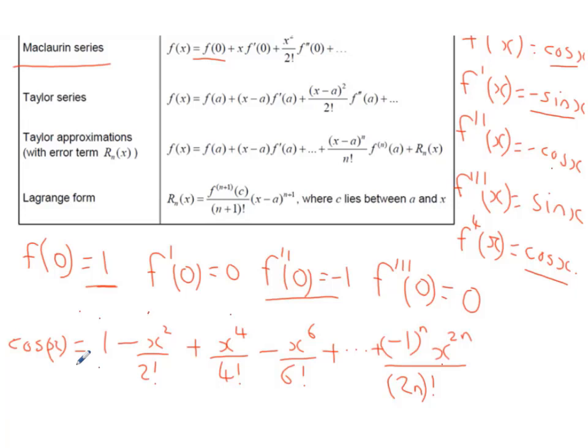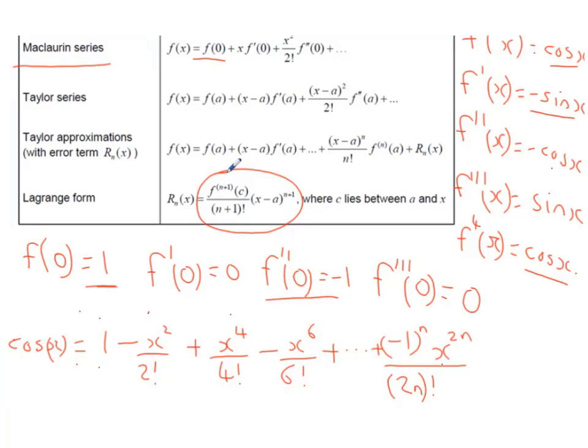So remember, the Lagrange form of the error is the next derivative evaluated at x equals c. C in this case would be between a and x, so a being 0 in this case. And then over, well, we've written n plus 1.